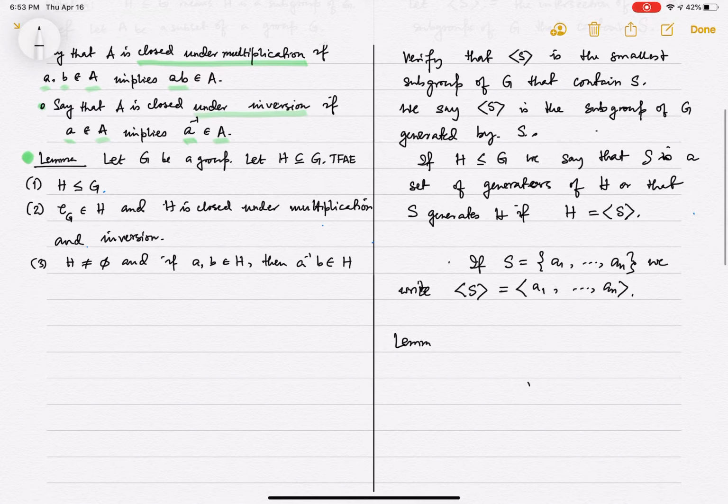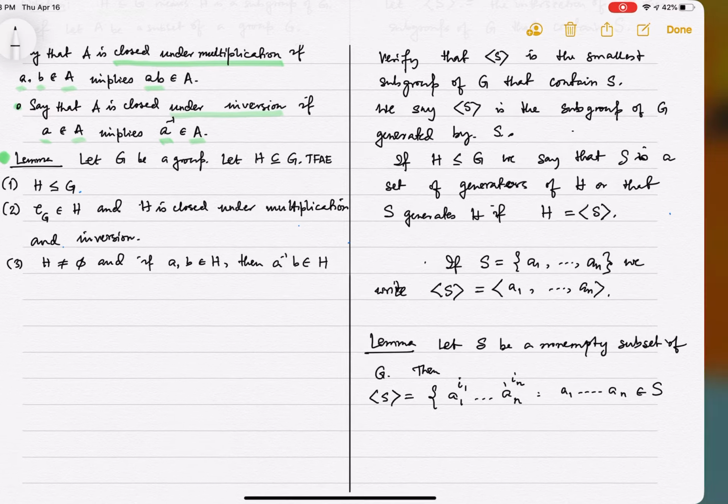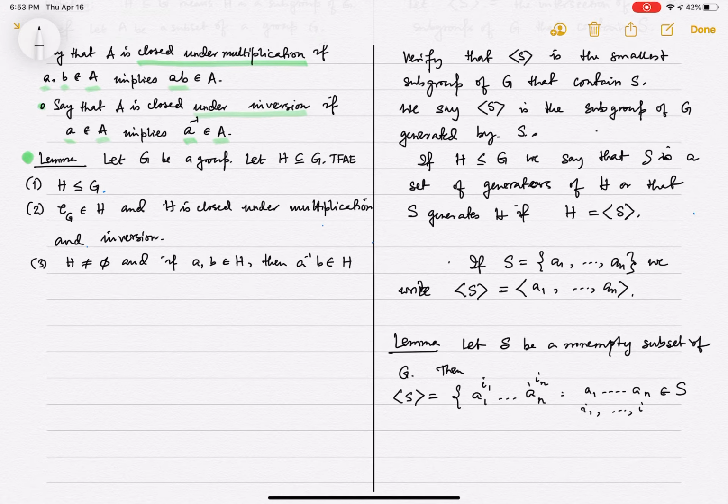Lemma. Let S be a non-empty subset of G, then angle bracket S consists of all things like this: A1 to the I1, AN to the IN, where A1, A2, AN are in S, and I1, I2, IN are integers.